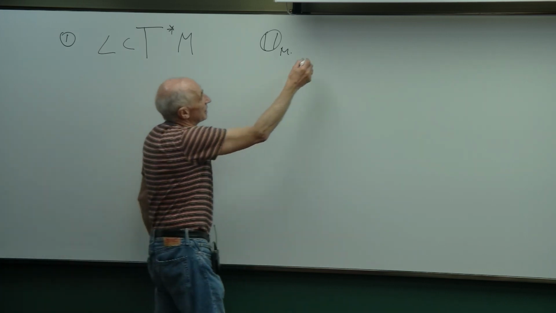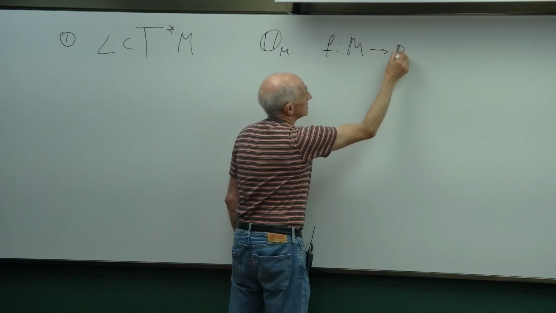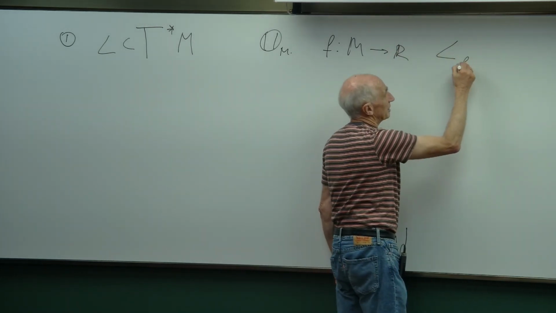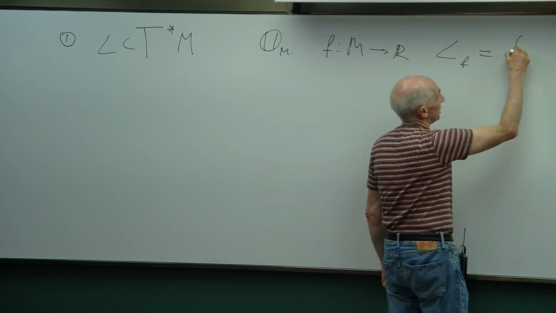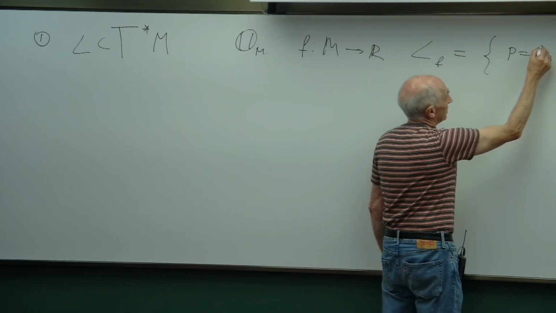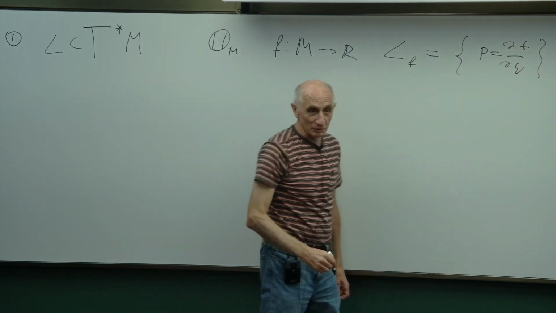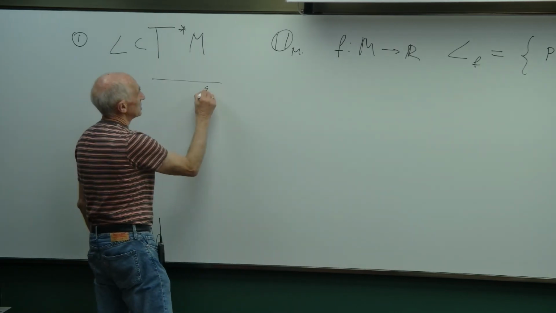You can take any function on the manifold, and this function gives me, let's call it L_F, the graph of the differential of this function. Or, slightly imprecisely, you can write it as p = df/dq, if you call the coordinates q.